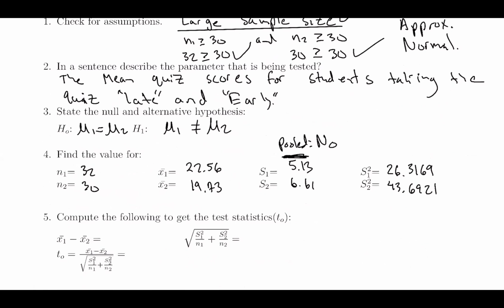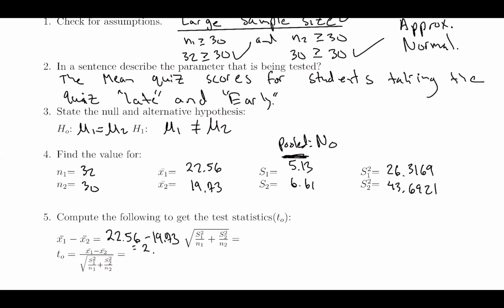So let's go ahead and do x bar 1 minus x bar 2. X bar 1 minus x bar 2 is 22.56 minus 19.73. Unfortunately, I'm pretty sure I'm going to run out of room. So you go 22.56 minus 19.73.